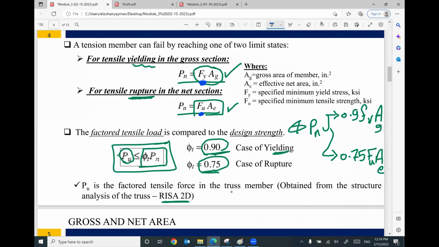So F yield is the yield stress of your steel. F ultimate, or Fu, is the tensile strength. This is the highest tensile strength of your steel. I can understand these material properties, F ultimate and F yield. And keep in your mind, we covered this before.